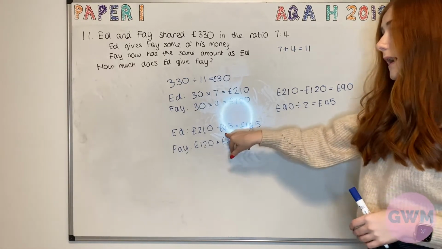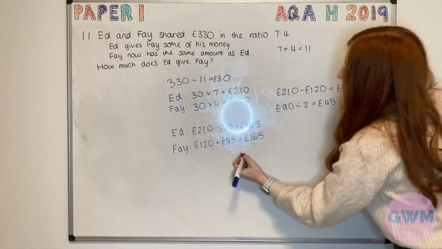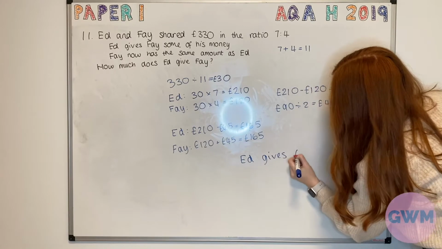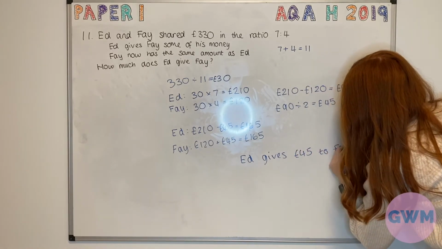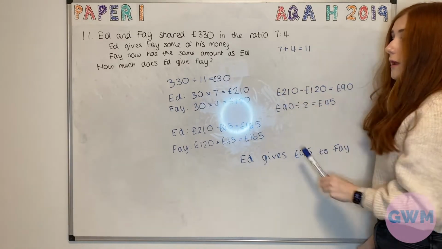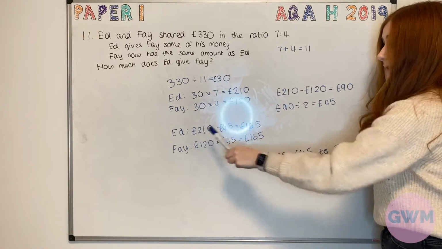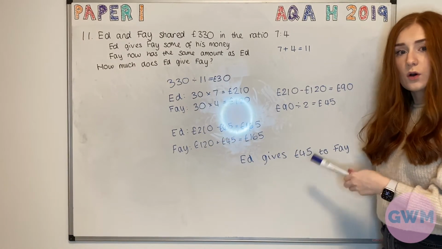So Ed has given £45 to Faye. So Ed gives 45 to Faye. Now remember, it's asking you for that number, so make sure it's clear that you've decided that. This calculation doesn't necessarily make that clear, so a little statement at the end is always helpful.